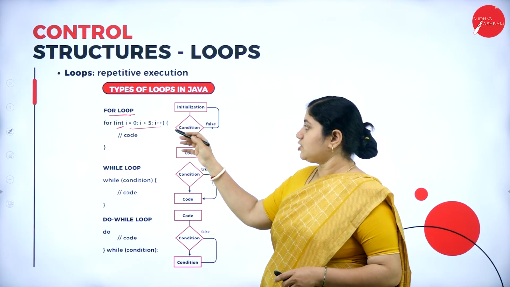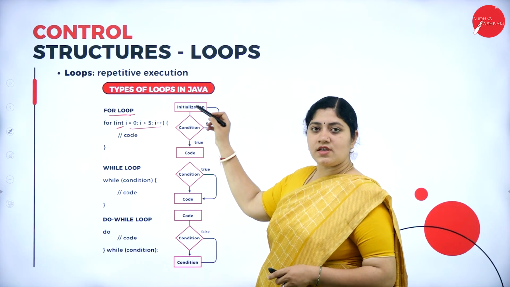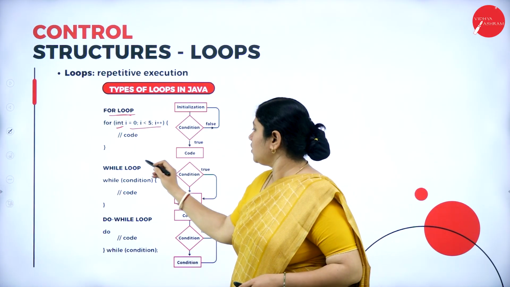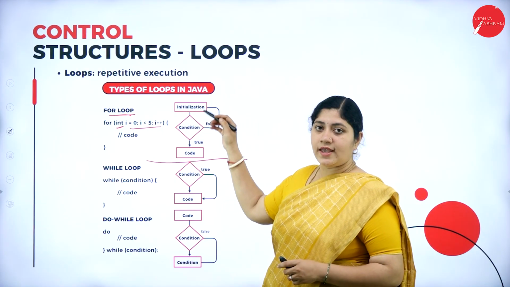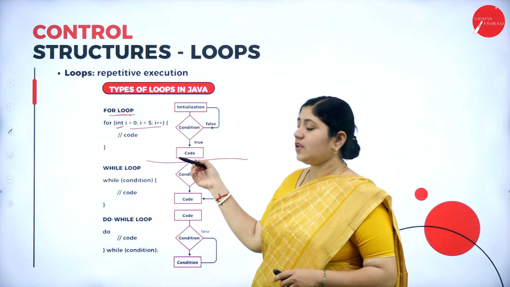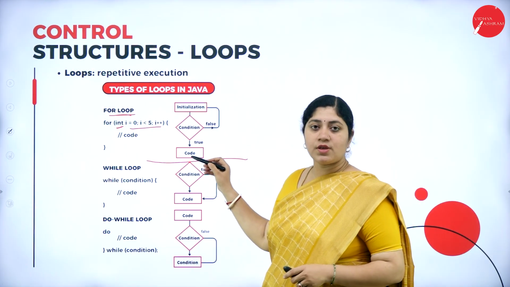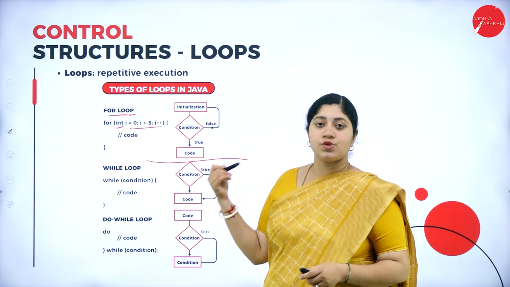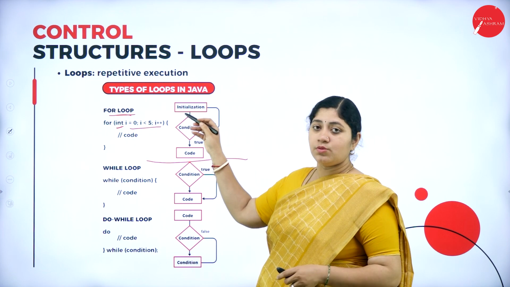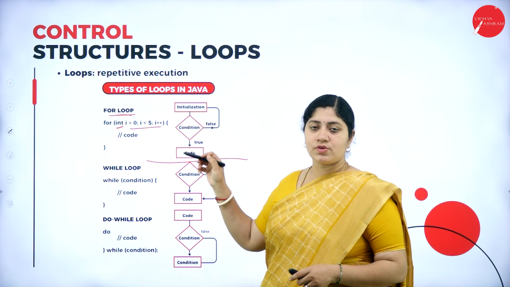So that is a condition. Over here we can see a simple algorithm for that. Initialization, then a condition is set. If my condition is true, then the code will execute. If my condition is false, then it has to start again with the initialization process.